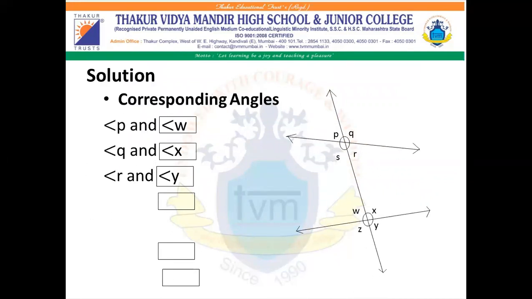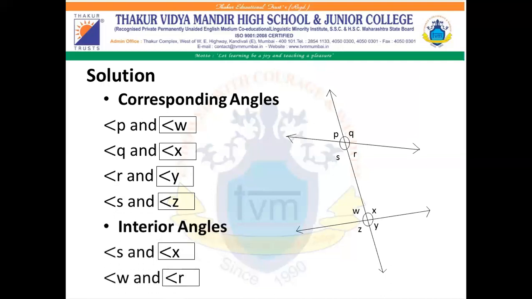Angle P and angle W, angle Q and angle X, angle R and angle Y, angle S and angle Z. Interior angles, angle S and angle X, angle W and angle R.